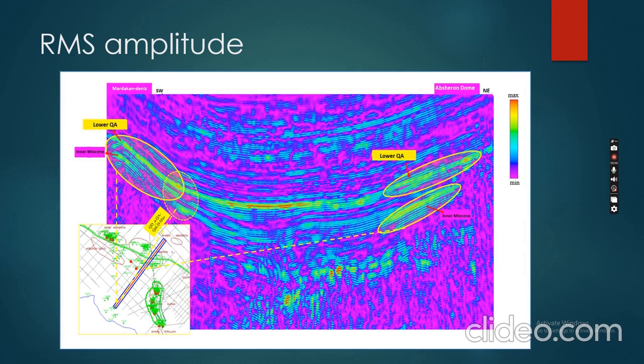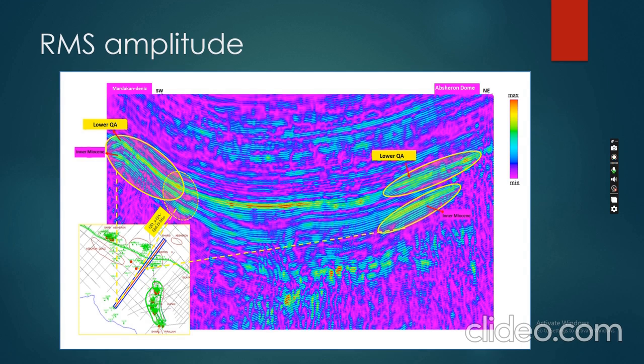Here we can see areas with strong amplitudes, which often point to places where hydrocarbons might be present. The map also shows the difference between some sandy or more clay-rich zones, which helps us to understand where good reservoir rocks could be.